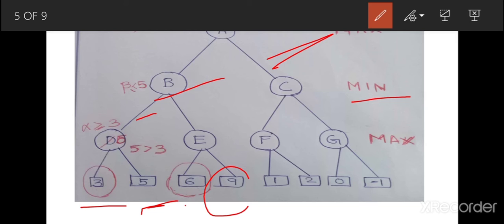Here that sixth value is passed to node E. What is the condition there? Alpha should be greater than or equal to 6. Then we are not considering this 9.